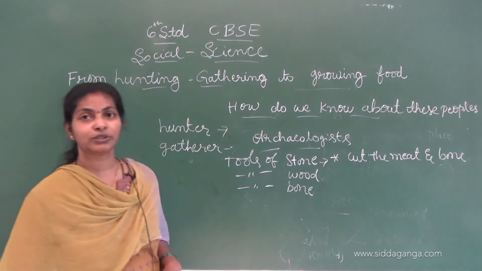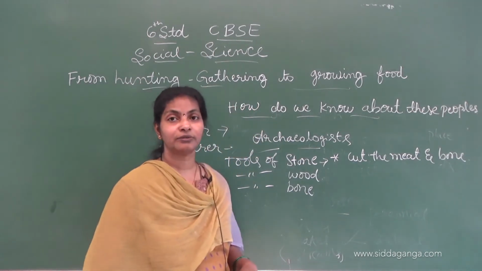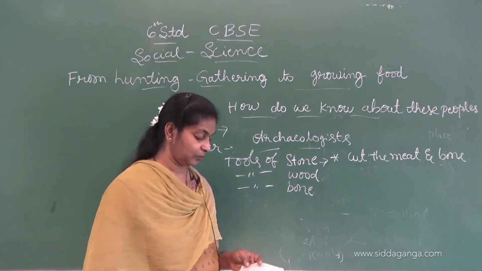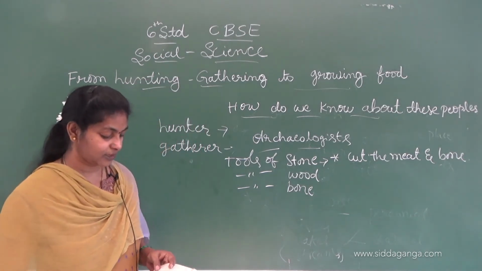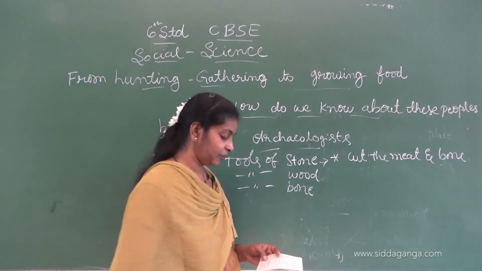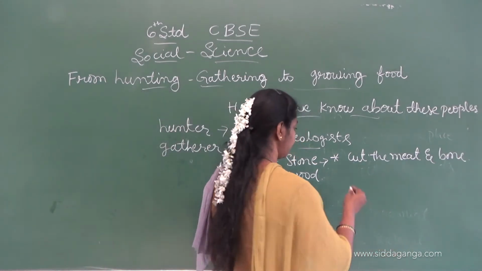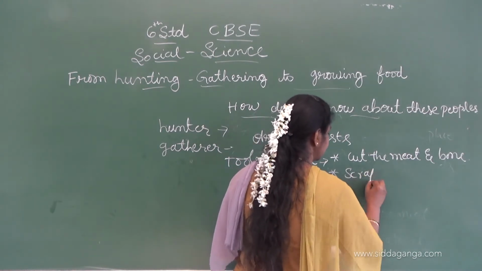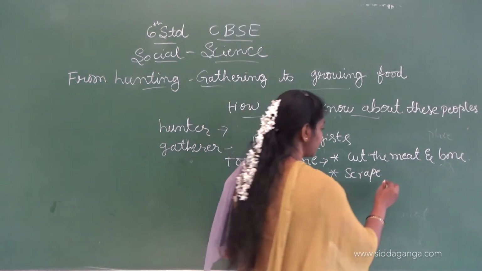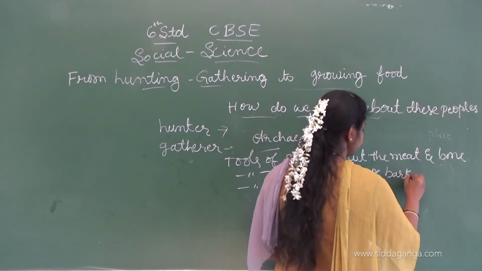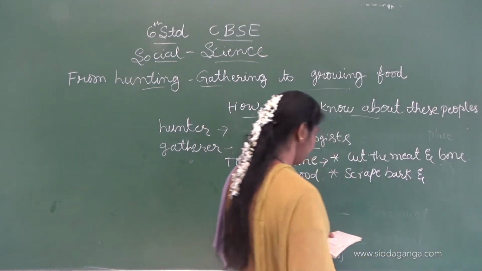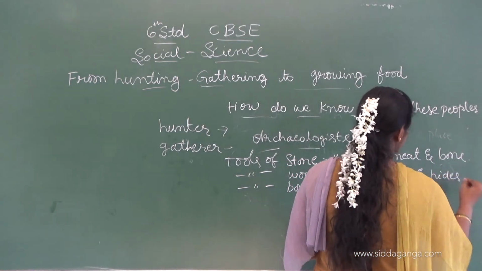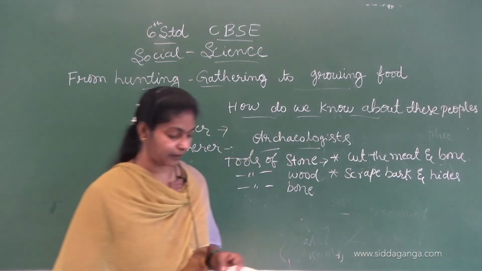Not only did they use these stone tools to cut the meat and bones, they also used them to scrape bark and hides. What do you mean by scrape bark and hides?